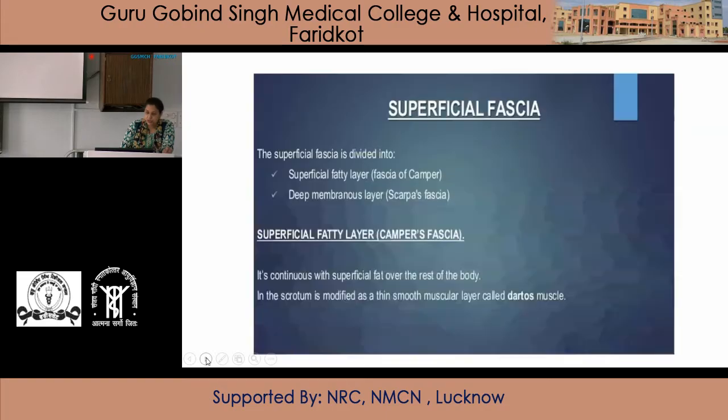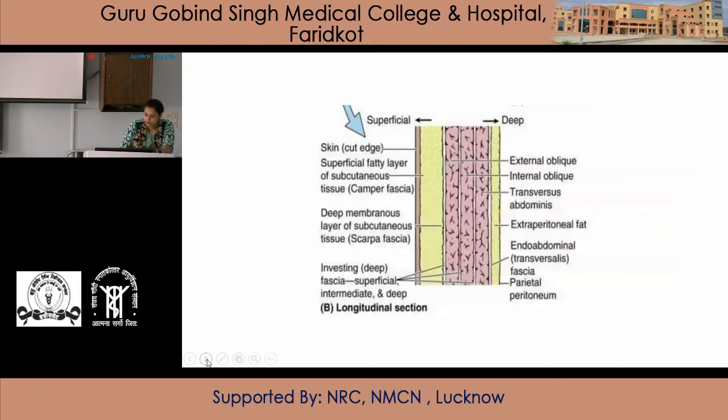The superficial fascia has two layers. The superficial fatty layer, that is Camper's fascia, is continuous with the superficial fat over the rest of the body, and in the scrotum it is modified as a thin, smooth muscular layer called the dartos muscle. So these are the layers we have already discussed.